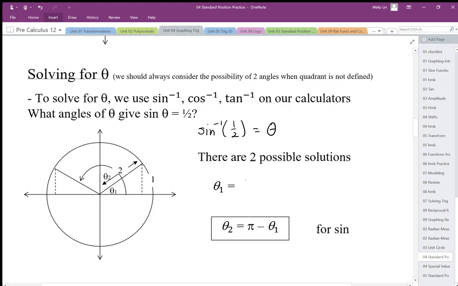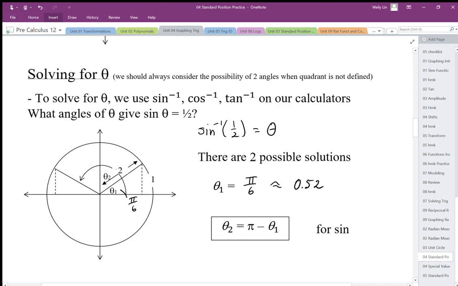We can say that theta 1 is pi over 6, which is approximately 0.52. Okay, so using a calculator is fine, because we do need to use a calculator to translate, but in special cases with special ratios, we can come up with the exact value. And so there's my theta 1. That's going to be pi over 6.